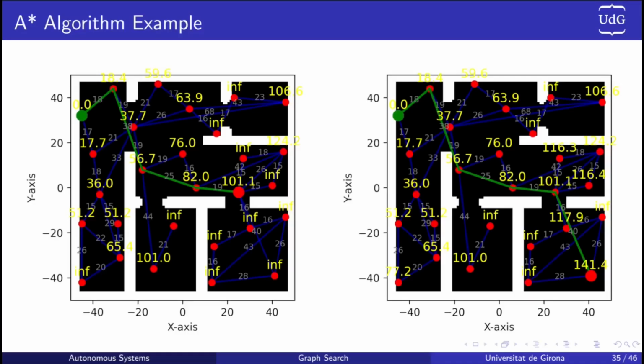If you look here, there are several nodes that are still at infinite. Not many in this particular case, but at least five nodes that have not been expanded.